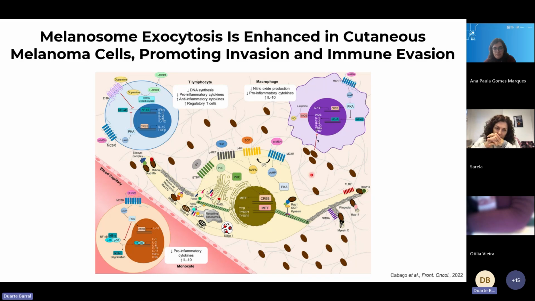This will allow the melanoma cells to escape the immune response, and also allows the melanoma cell to become more invasive and, in the end of the day, metastatic. And so we are testing this using the 3D melanoma model that I was describing.